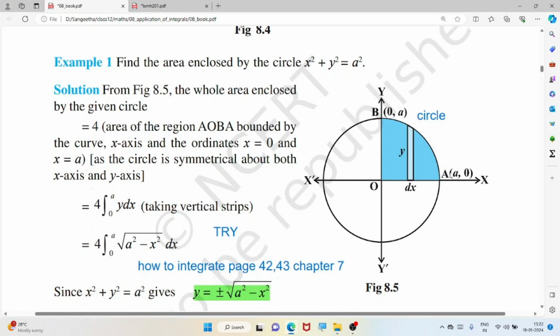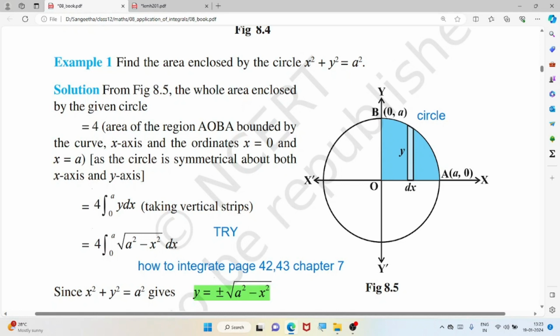Now here we are taking the vertical strip. y dx is the area, and since y dx is changing, we apply the x limit, x from 0 to a. Then integrating, we multiply the same area by 4, because there are four quadrants, and then the total area will come.